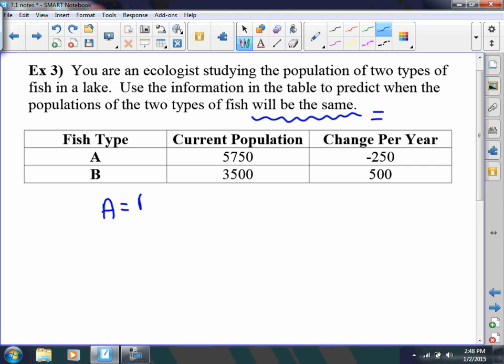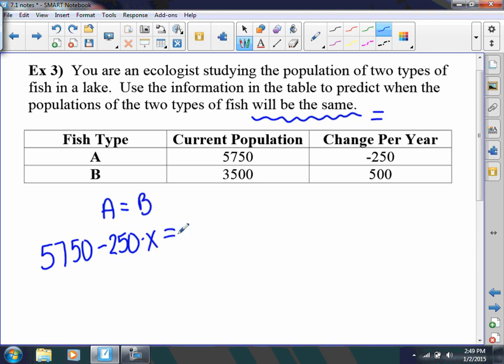Okay. Now fish A has a current population of 5,750, but it loses 250 fish per year. I say loses because it's negative, so that population is going down. So for population A, I'm starting with 5,750, but I'm going to have to subtract 250 per year, so times x for however many years this goes on.